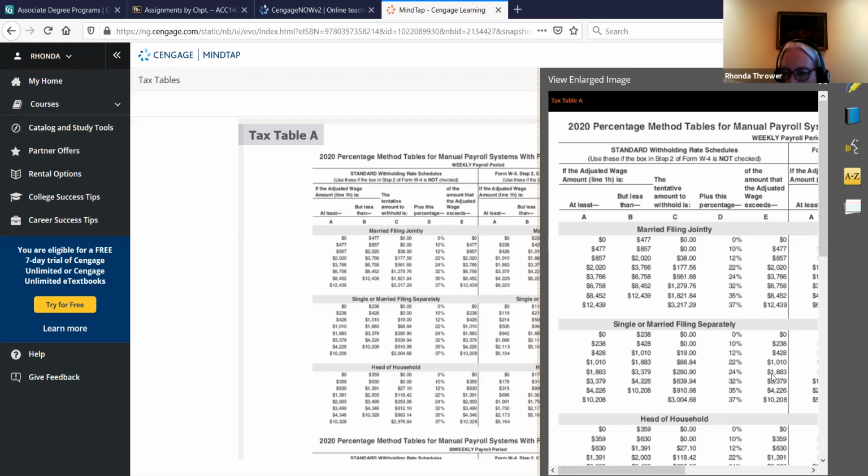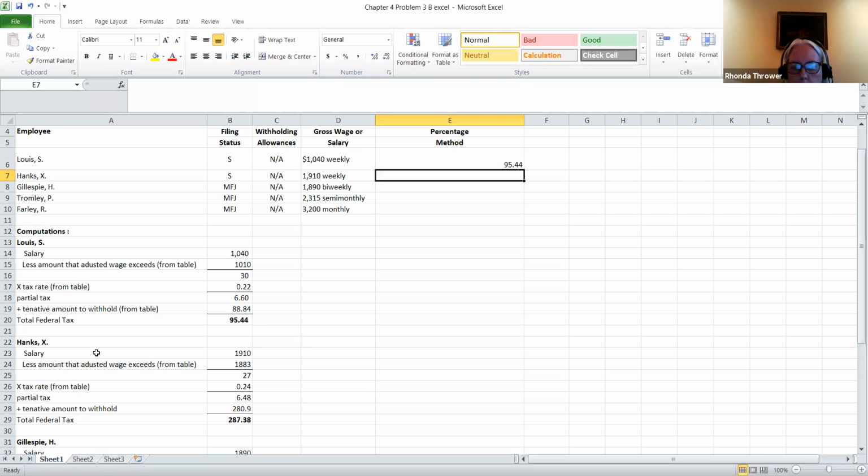So what we have to do is take this amount from our salary. Whatever's left over, we would multiply by 24%, and then we would add back the amount of tax that they gave to us. So I'm going to go to my Excel spreadsheet. We're looking at Hank's down here, and this is how I made the calculations.